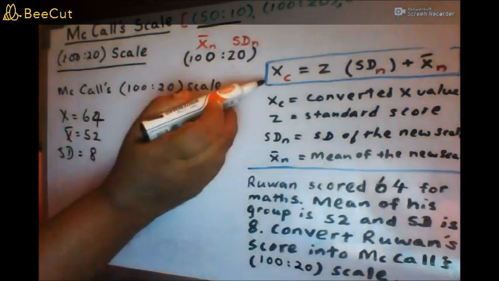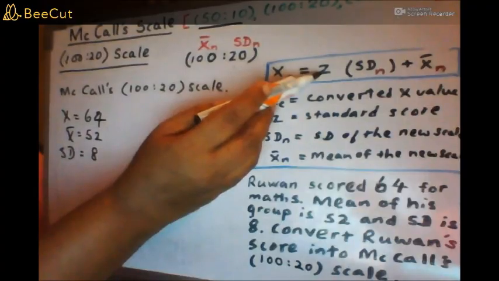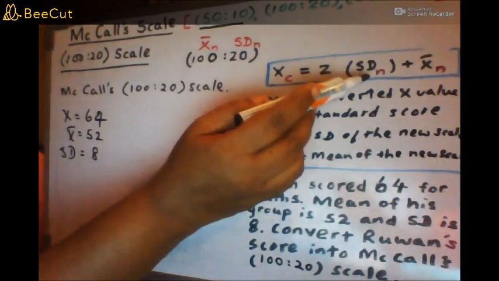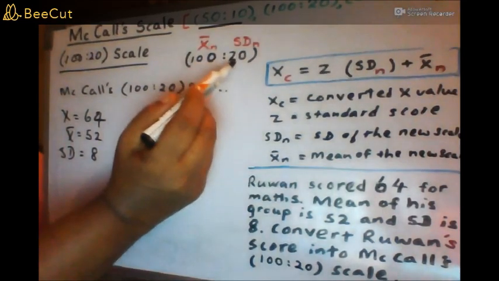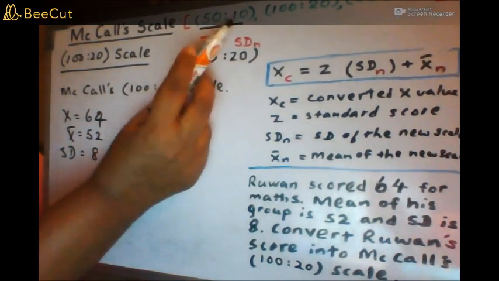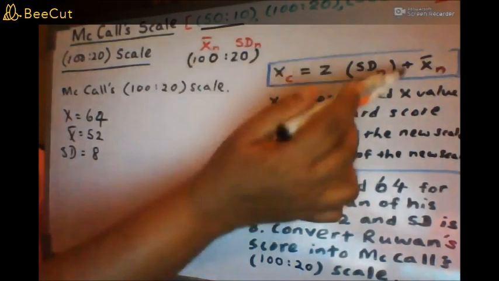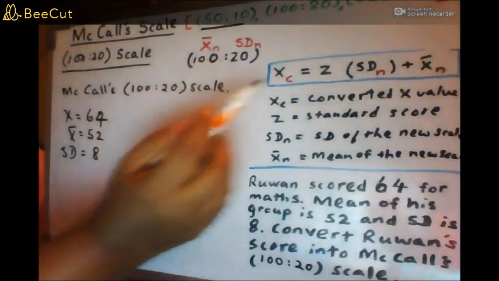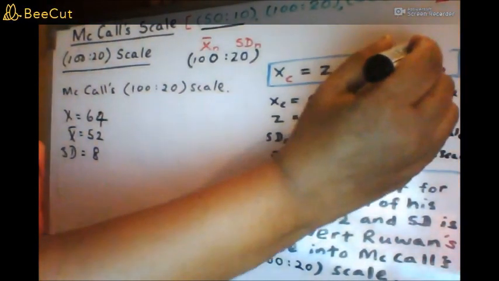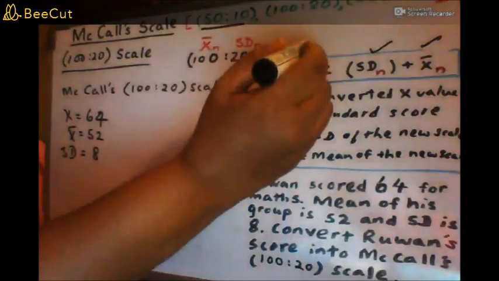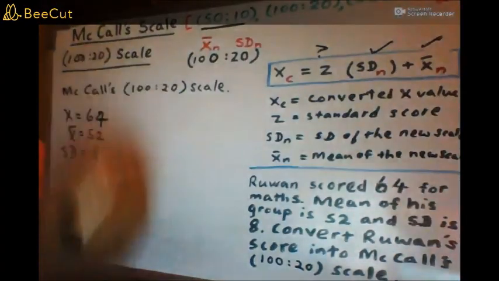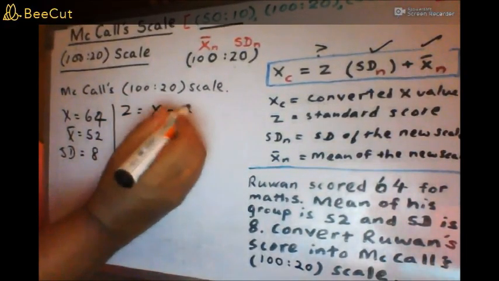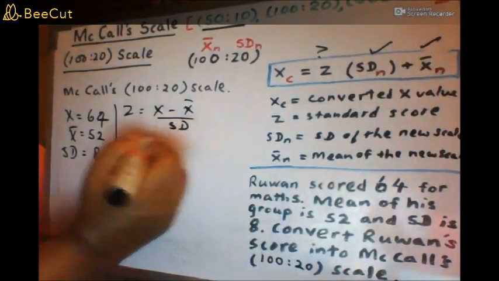Once again, this is the formula. We don't know Z, but we know the new standard deviation. Now what is the new standard deviation? It's 20. Earlier it was 10. Now it's 20. And the new mean is 100. So we know these two values. We don't know Z. So as before, we calculate Z. Z equals x minus x bar divided by SD.